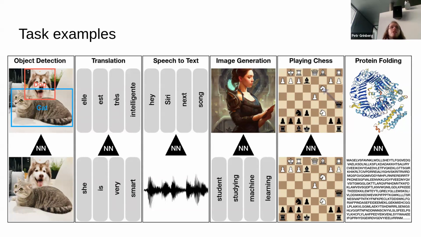You have translation from English to French, from any other language, speech to text, which generates text transcription given an audio. There is a vice versa task where you have a text and you generate audio, image generation. A deep neural network can play chess for you or any other game. And there is some hard, complicated biology stuff that I don't understand, but probably someone of you can understand what is going on here.